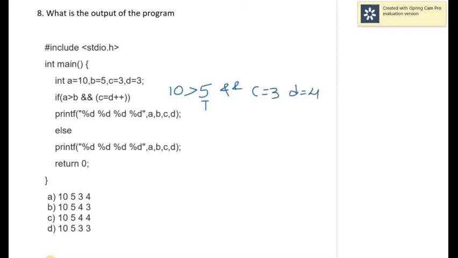And the total expression is true, so true and true. So the true block will be executed. That means it is printing the values of a, b, c, d. Anyway, a and b values are not changed. So it is 10 and 5, and c value is 3 and d value is 4. So the answer will be A.